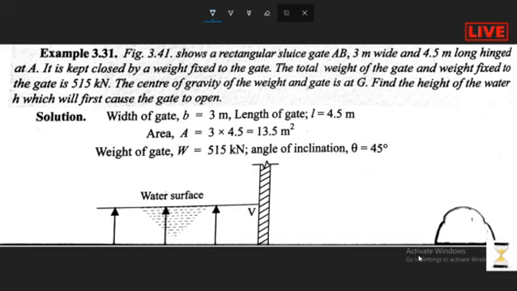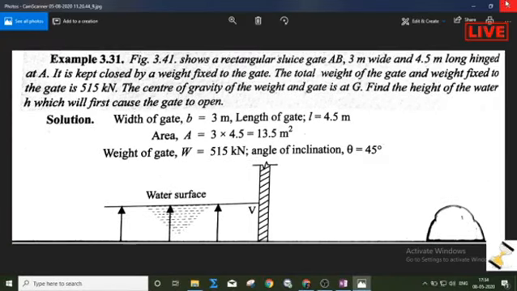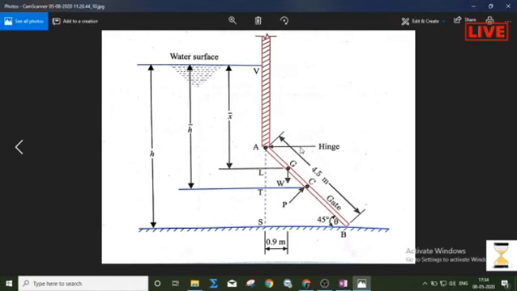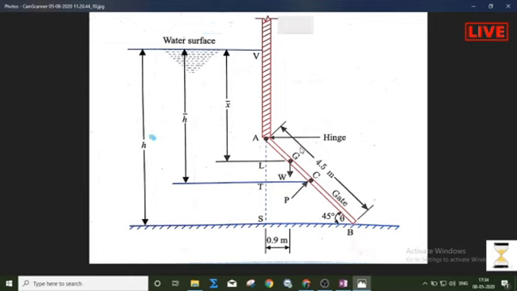The center of gravity of the gate is given as G. This is the picture of the case given to us, and we have to find out this height.